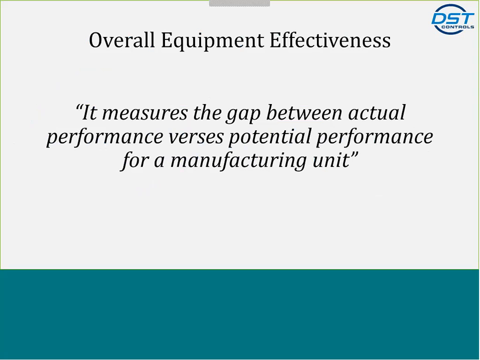Every plant, every piece of equipment has some potential performance that is inherent in it. What we actually get out of that is some other performance, and it's never actually your potential. So what OEE is really trying to do is measure that gap between what we're really getting out of our equipment versus what we should potentially be getting out of it if everything was working perfectly.